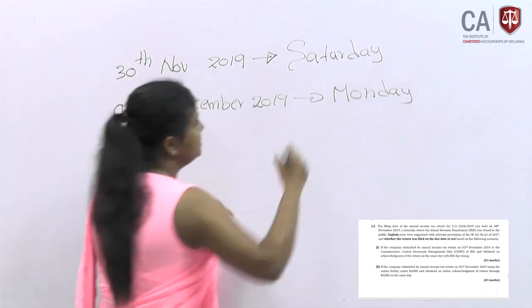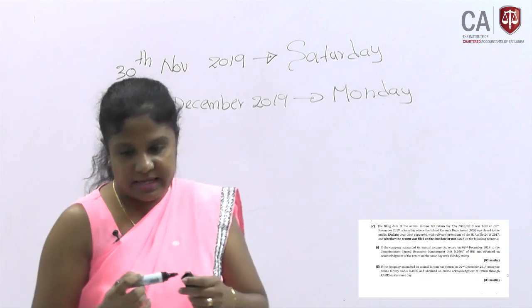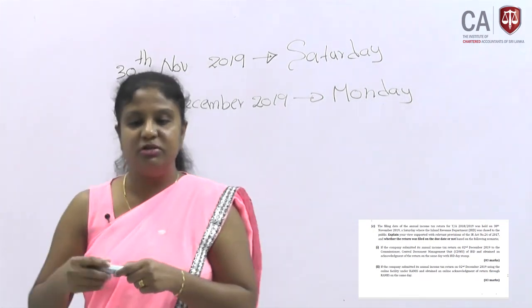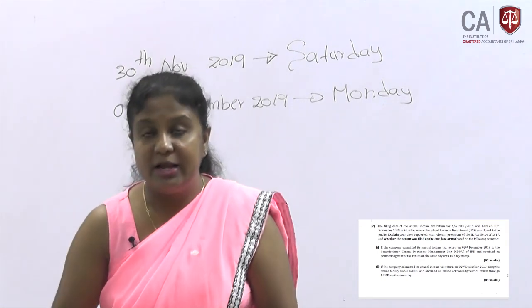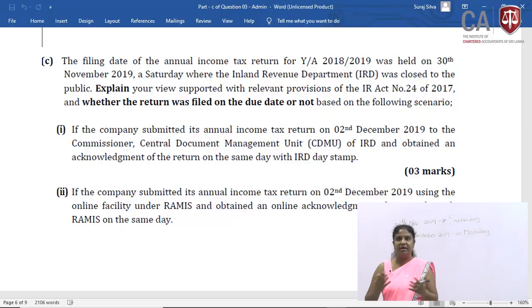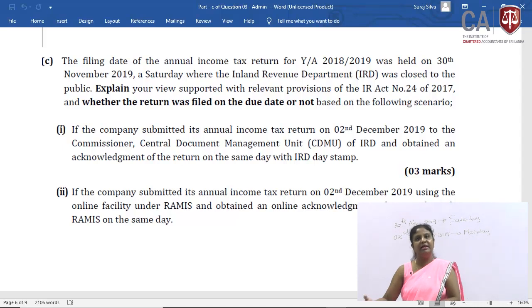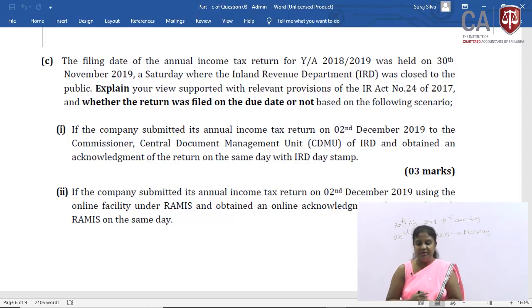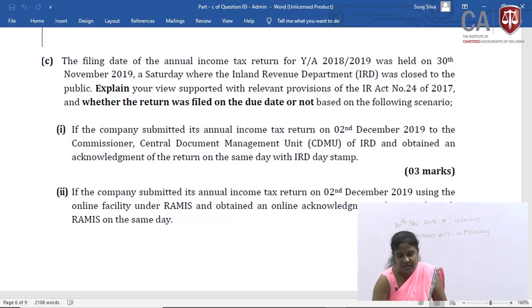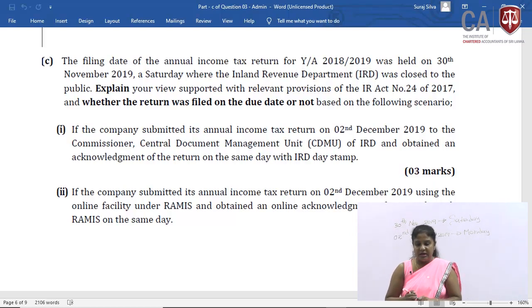This is what the question asks. The return is submitted to the CDMU unit, which handles the income tax returns. Online it is separate, in the RAMIS system, and for manual return submission, maybe at Anasala or the CDMU unit, you have to submit the return and obtain the acknowledgement of the return on the same day with the IRD day stamp.